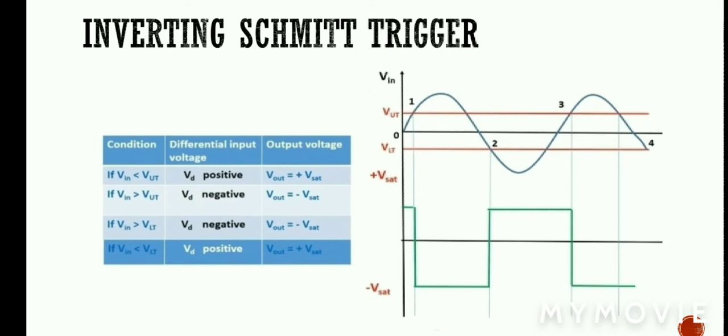So for Vin smaller than VUT, our output voltage will be at positive V saturation. So we draw positive V saturation. After this point, Vin is greater than VUT. So our output voltage will go to the minus V saturation. So this is minus V saturation here. So we can draw these output waveforms by applying this condition. So here we can say that the sine wave is converting into the square wave. Therefore, this is a square wave converter.